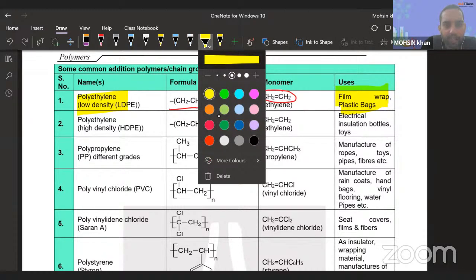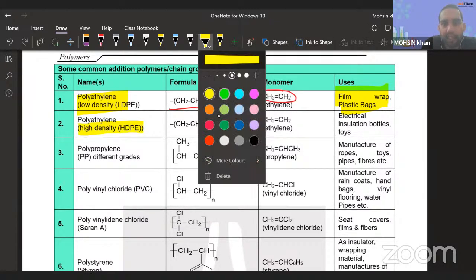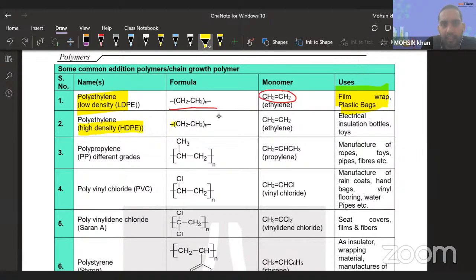Next we have high density polyethylene. Again the formula will be the same as that of low density polyethylene, and the monomeric unit is ethylene again. But its use is in electrical insulation, bottles and toys.